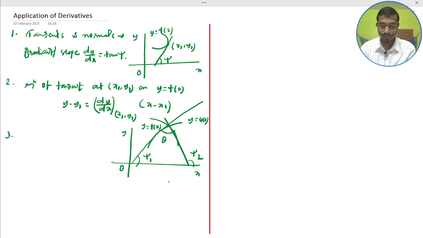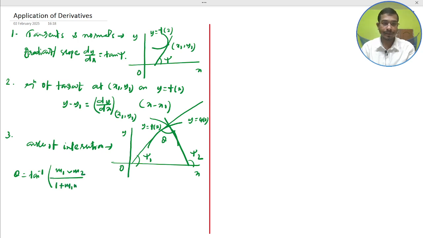Suppose this is the angle theta. So here the angle of intersection theta equals tan inverse of (m1 minus m2) divided by (1 plus m1 m2), where m1 is tan psi 1, the tangent of psi 1, and m2 is tan psi 2.